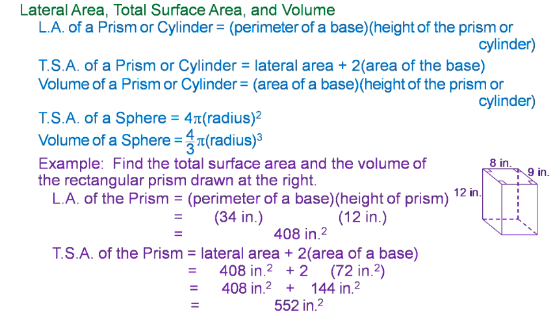Adding 408 square inches to 144 square inches is a lot like adding 408x squared to 144x squared. Since 408x squared plus 144x squared is equal to 552x squared, I can say that the total surface area of this rectangular prism must equal 552 square inches.